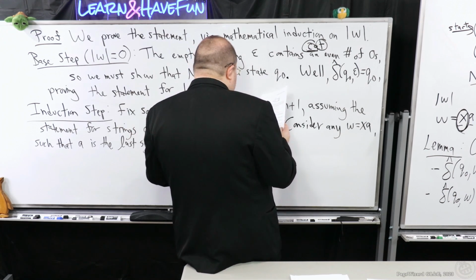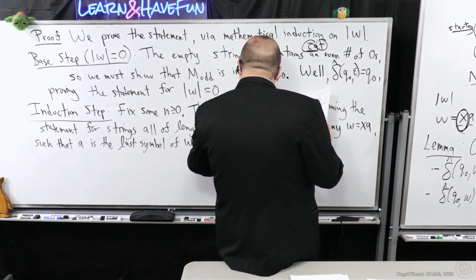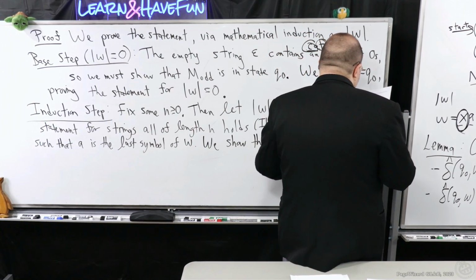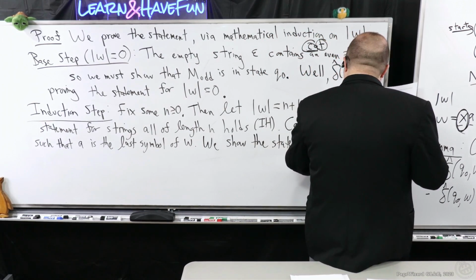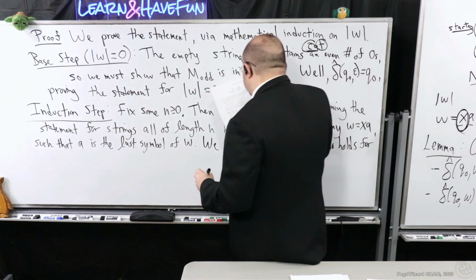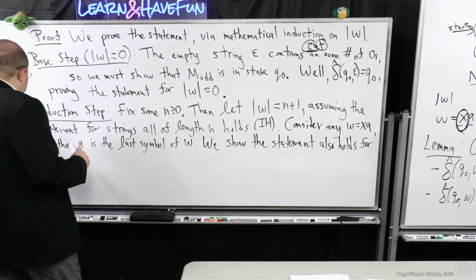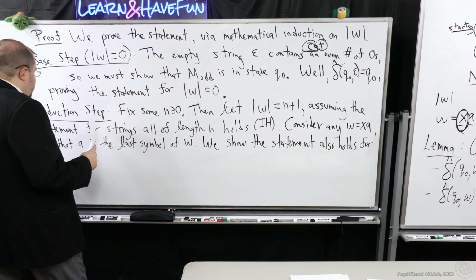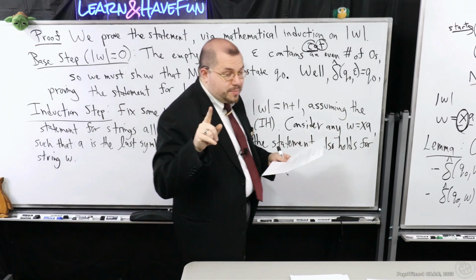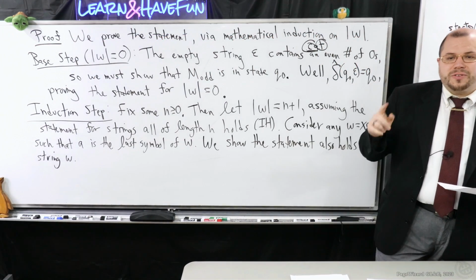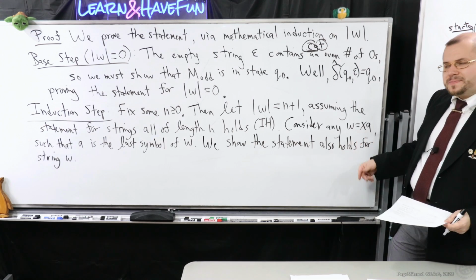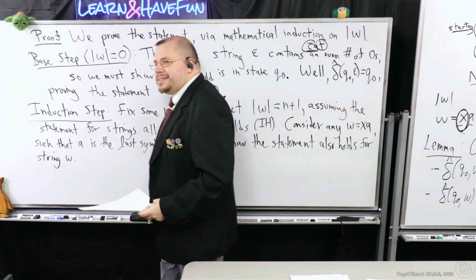So to continue our setup, we show the statement also holds for string W. So we've got to show that it holds for string W, which has length n plus 1. Now that we have this in place, the setup here, what can we say about string X? What's its length? Its length is n.